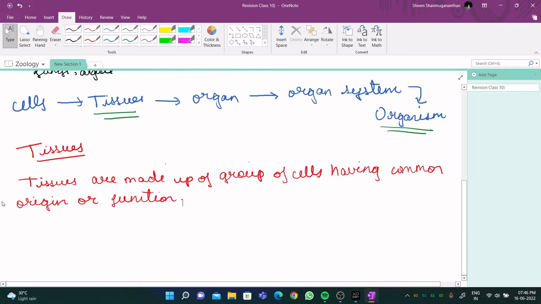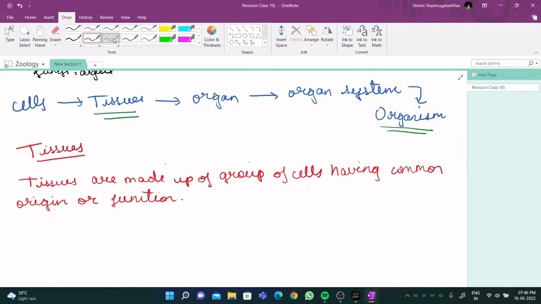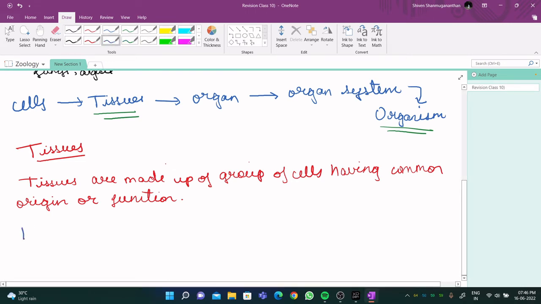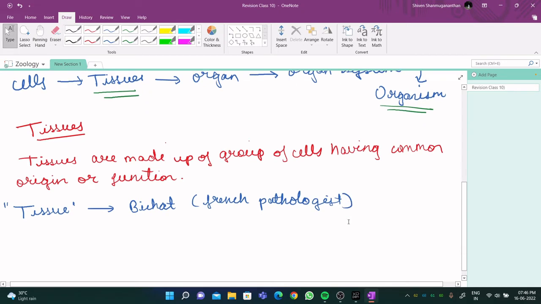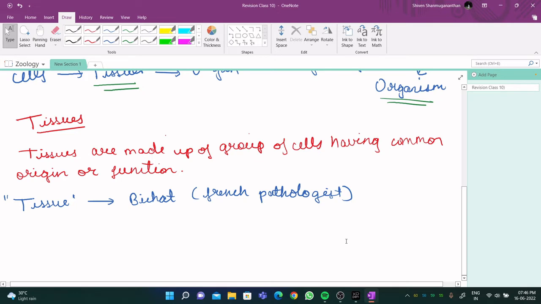Okay. Now, the term tissue was coined by the French pathologist Bichat. French pathologist. And he is known as the father of histology.